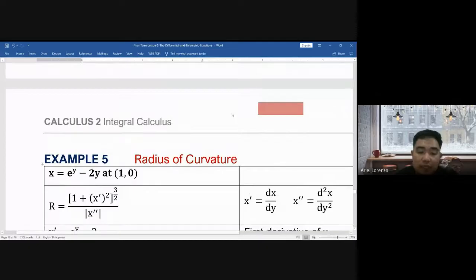Okay, so this is easy, class. So what will be the first derivative of x?